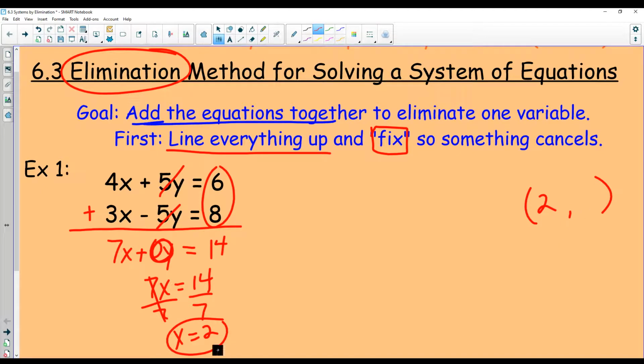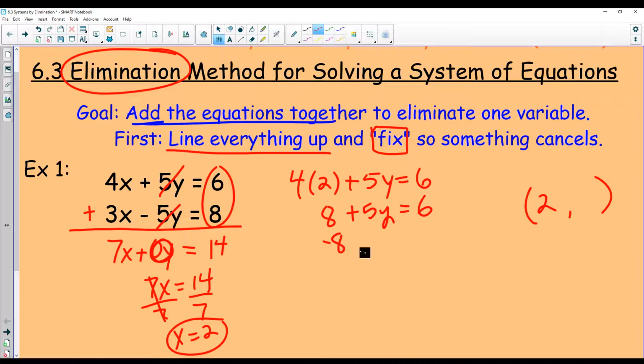And just like the substitution method, we're going to take that 2 and put it anywhere we want for x. If we take the top equation, it does not matter which one you choose. So this would be 8 plus 5y equals 6.